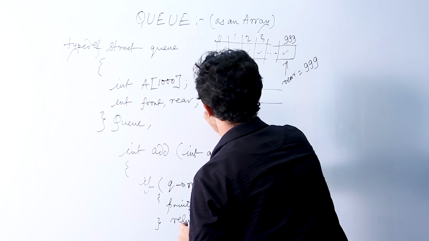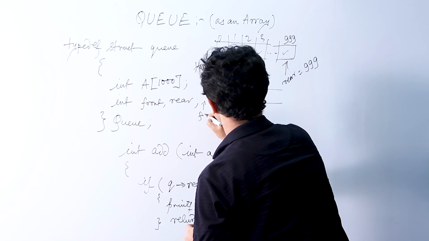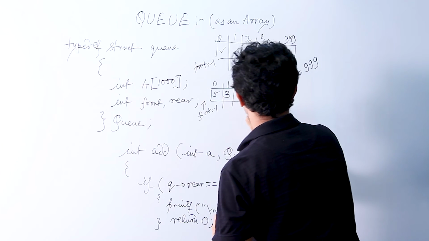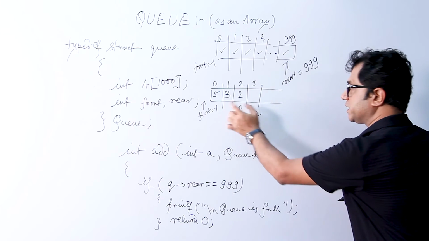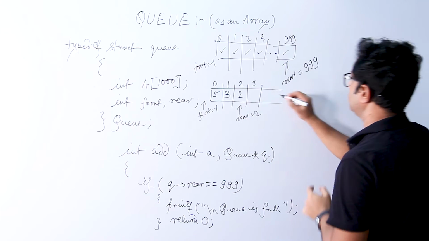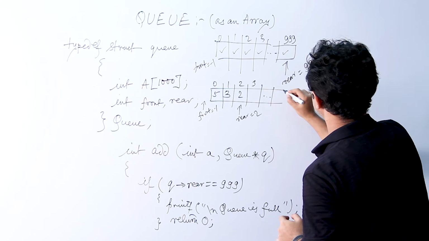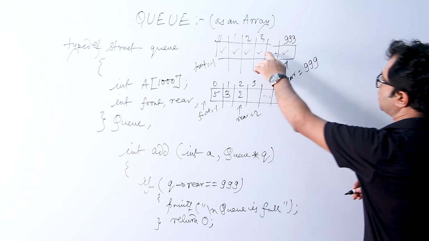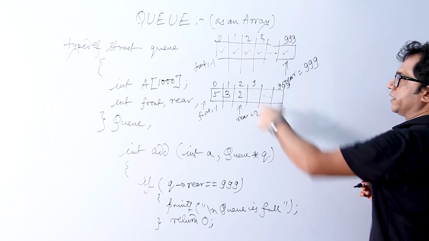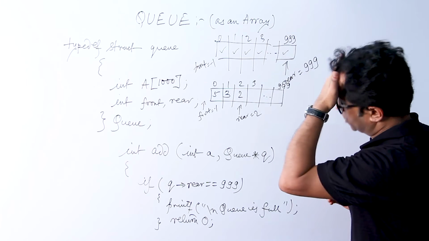So in this case, front is -1 and rear is 2. It can go up to 999, so this is a queue containing 1000 contiguous memory locations.